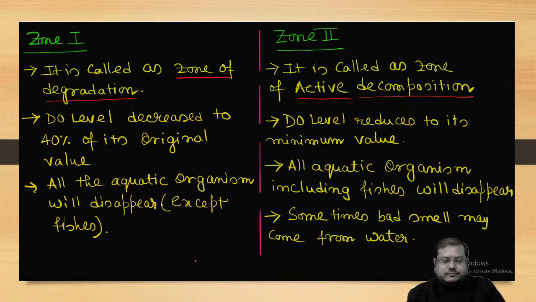Zone 1 is called as the zone of degradation, where DO level decreases to 40% of its original value, and all aquatic organism will disappear except fishes.